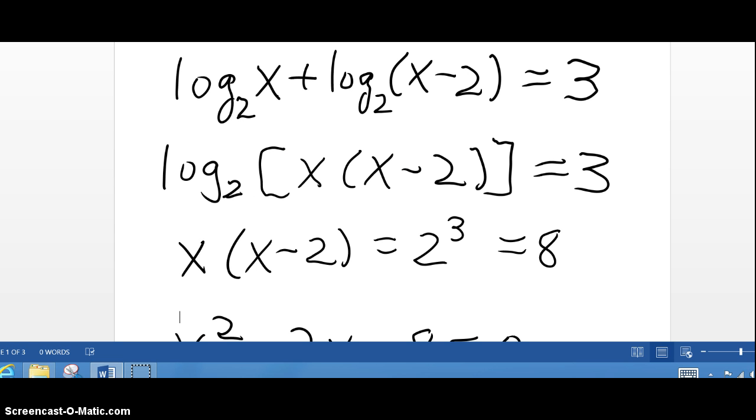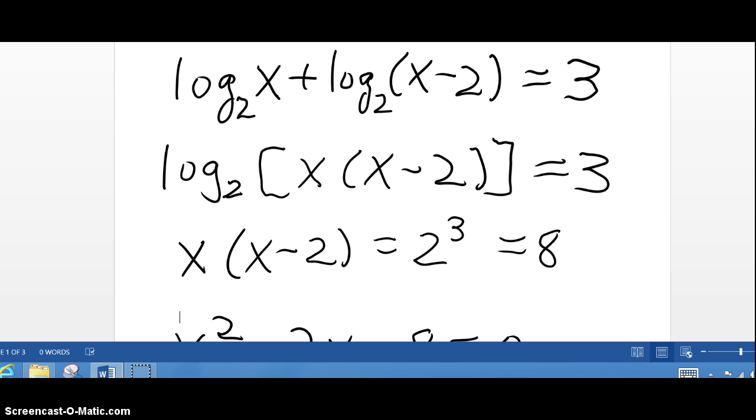Now remember the properties of logs. If you're adding logs together with the same base, it becomes the log of the product. If you're subtracting logs with the same base, it becomes the log of the quotient. So here we're adding logs together, so that becomes the log of the product. It's still base 2, x times x minus 2.